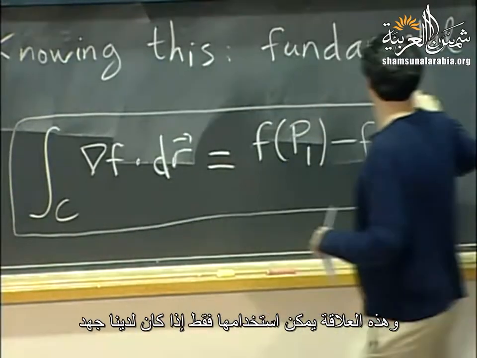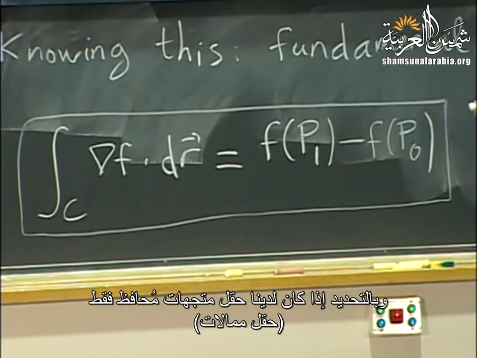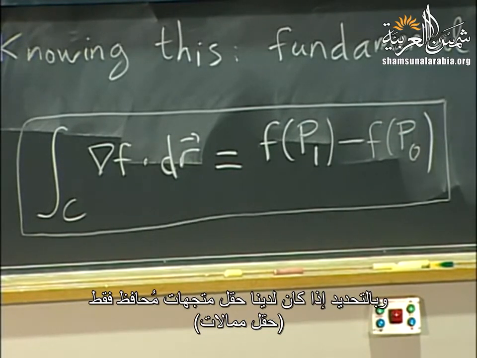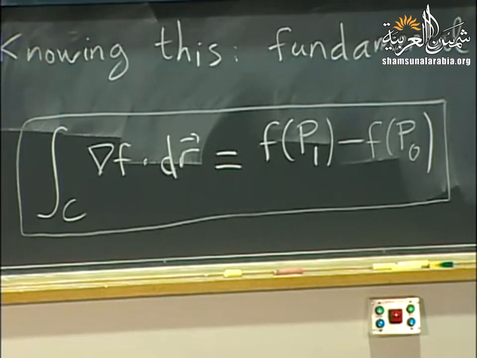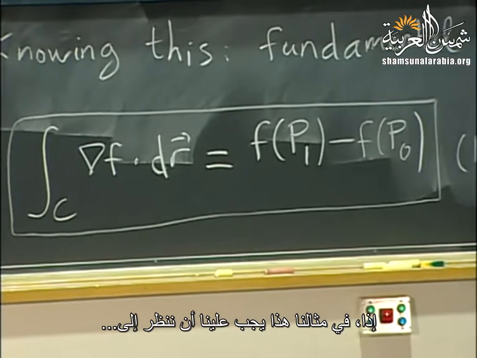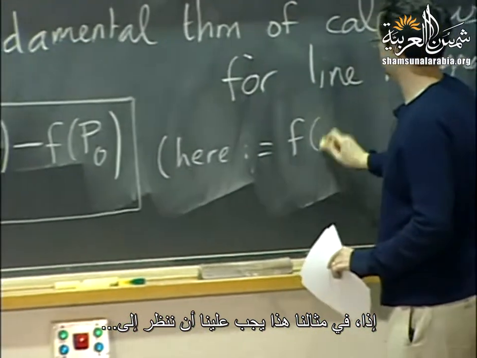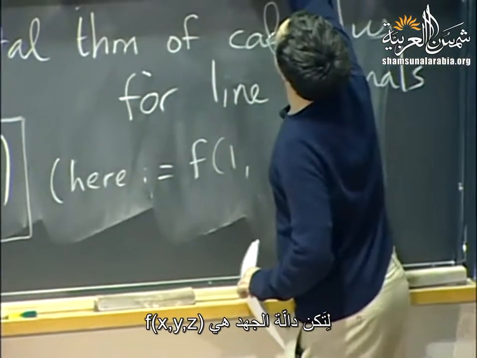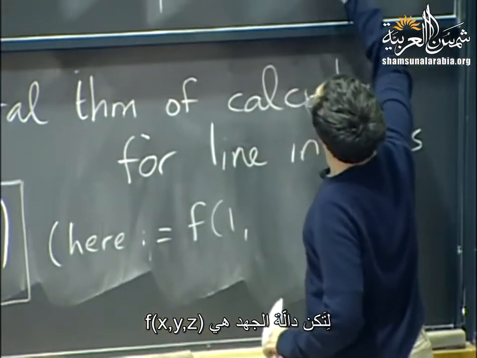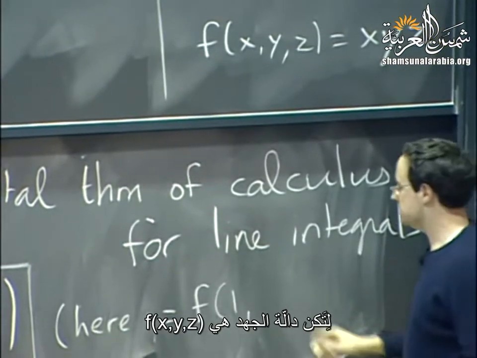Okay, and that, of course, only applies if you have a potential. So in particular, only if you have a conservative field, a gradient field. So here in our particular example, let's call little f of xyz that potential, xyz.